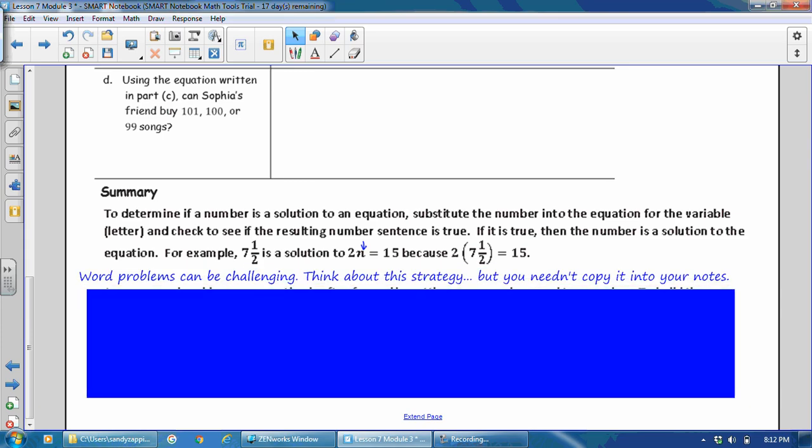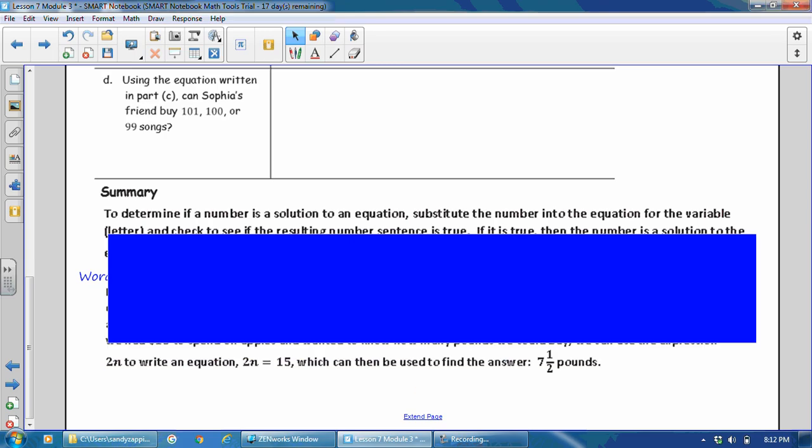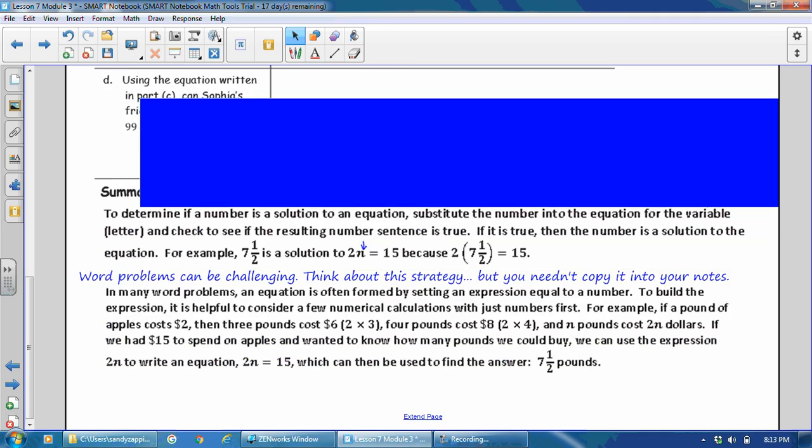Word problems can be challenging. Think about this strategy. You needn't copy it into your notes. In many word problems, an equation is formed by setting an expression equal to a number. To build the expression, it's helpful to consider a few numerical calculations with just numbers first.